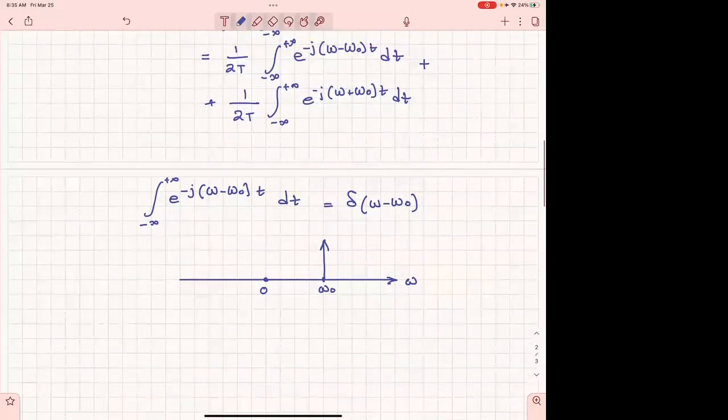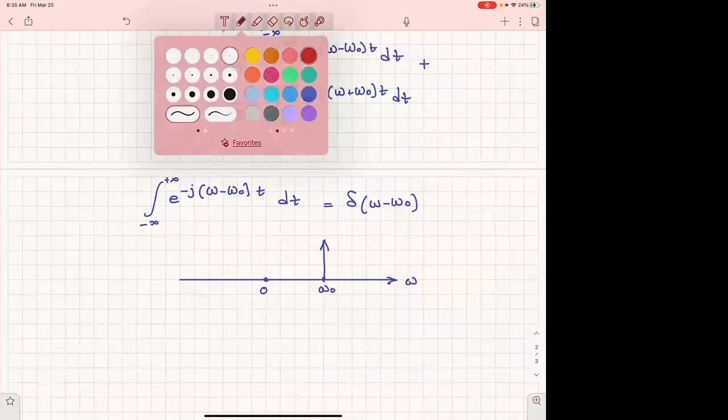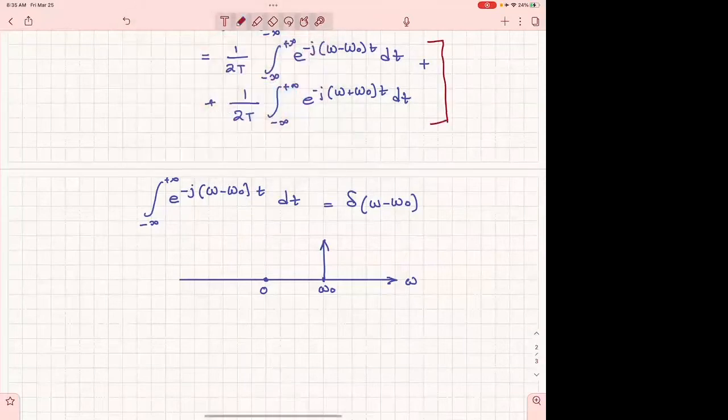So if we take this as the definition of the delta function, then equation 3 is giving us the following.